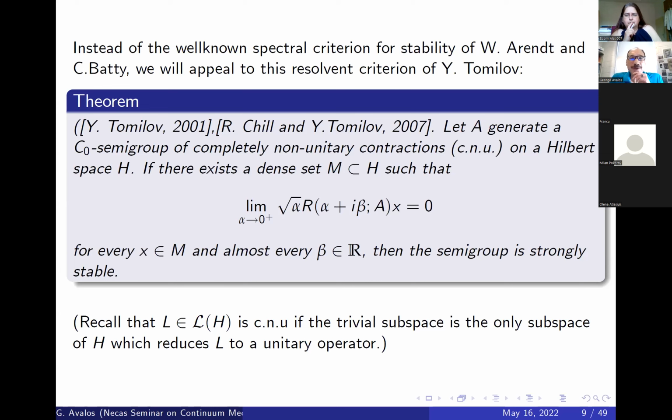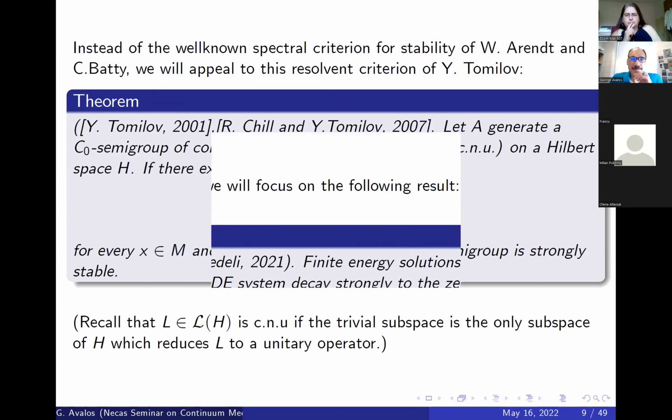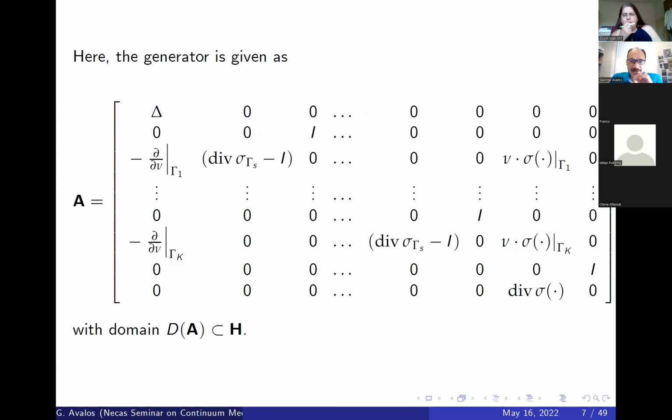Here, in principle, with respect to our matrix of operators, we probably could have appealed to Arendt and Batty's result. But there's the issue of taking the adjoints, and whether you do things one way or another, there are no free lunches.